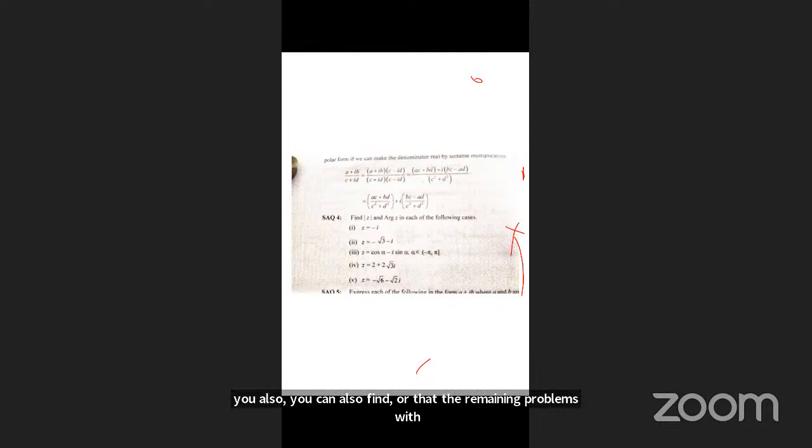So mod z and argument of z, you can also find out the remaining problems, the fourth one and the fifth one.